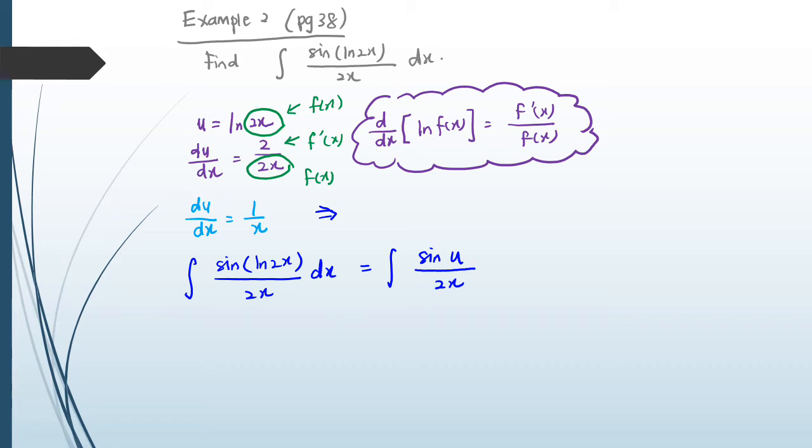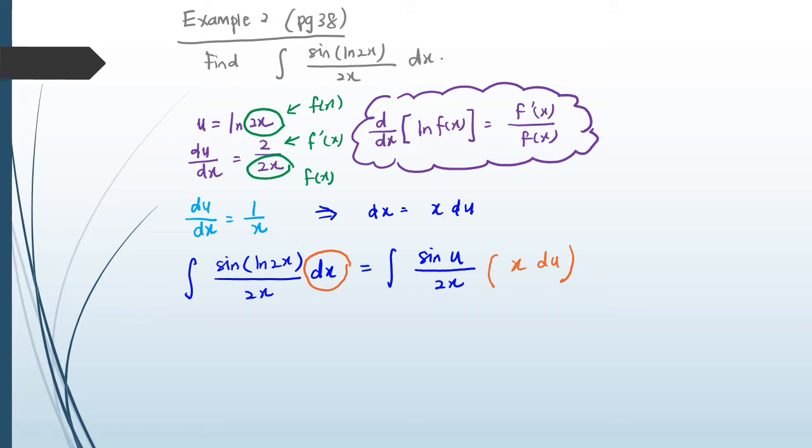If I rearrange du over dx equals 1 over x, I should be expected to write dx to be x du. So what do I substitute over here? I have to plug in x du accordingly.